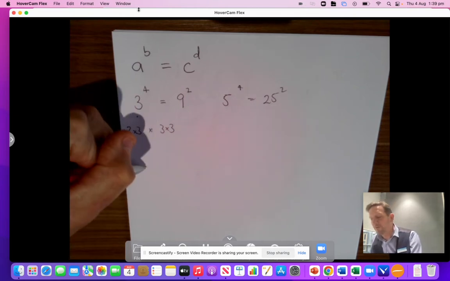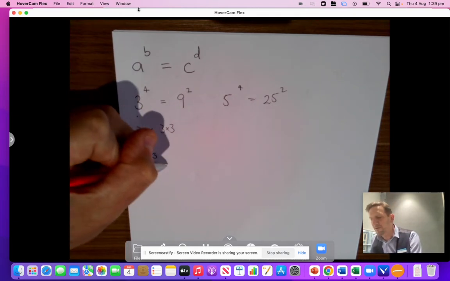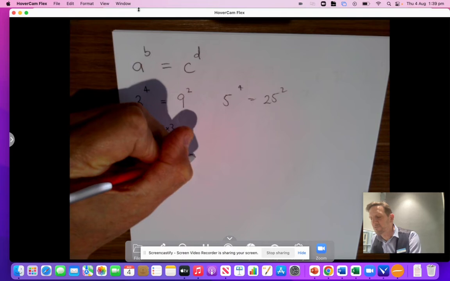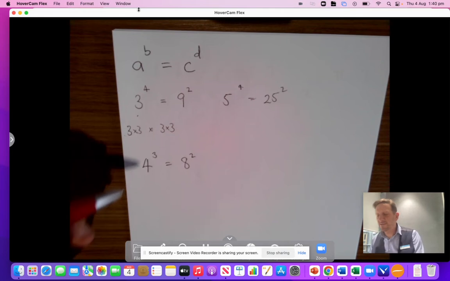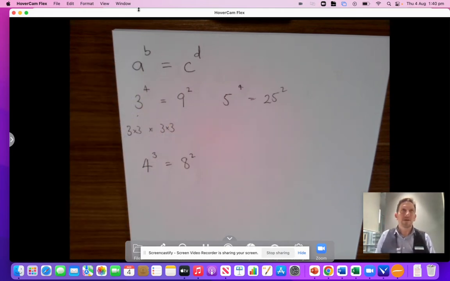We could get 4 cubed equals 8 squared, because I know that 4 cubed equals 64, and I also know that 8 squared equals 64. There might be some other answers there, but they actually may be the only two.